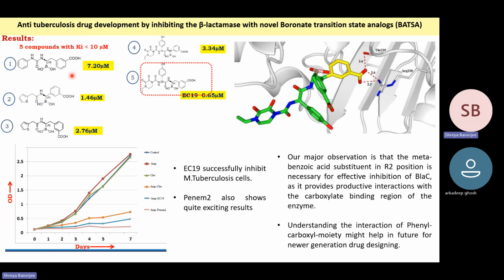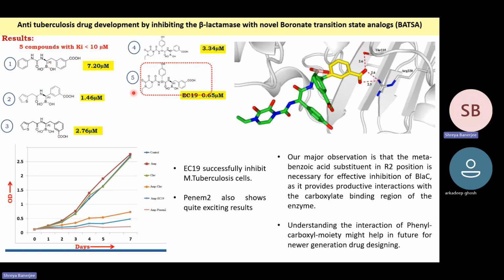By studying the binding site of the bacterial protein, it was seen that there is an arginine and threonine which binds to a meta-COH group in the phenyl ring. So all these lead molecules, you can see this phenyl ring has a meta-COH group. Same for this, same for this.